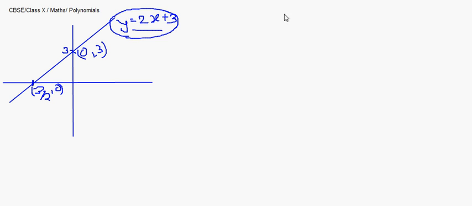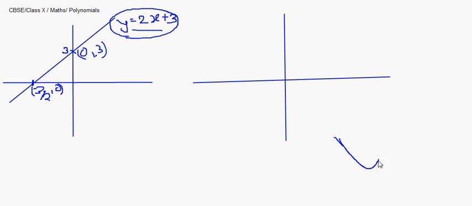Now let us consider a graph of a quadratic polynomial. The quadratic polynomial graph, if you draw, will look like either an upward or a downward parabola. It will look like this, or like this. This is called the upward parabola and this is called the downward parabola.